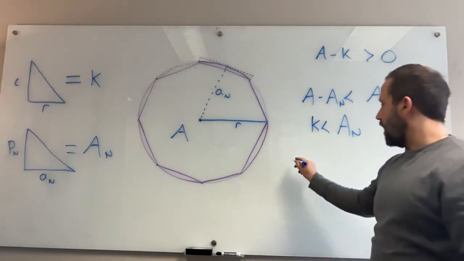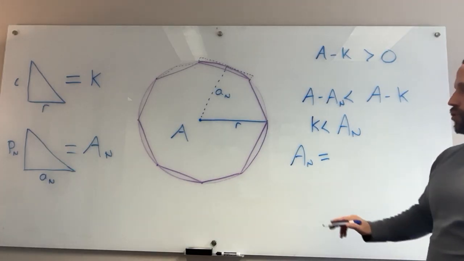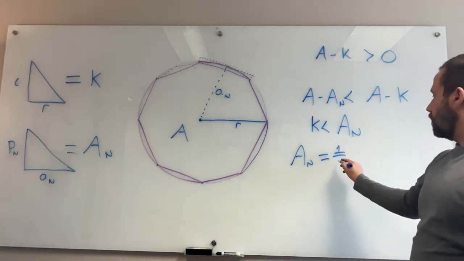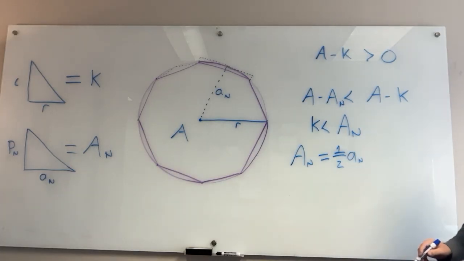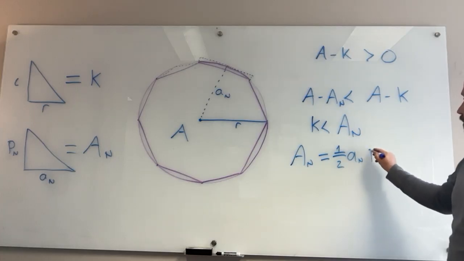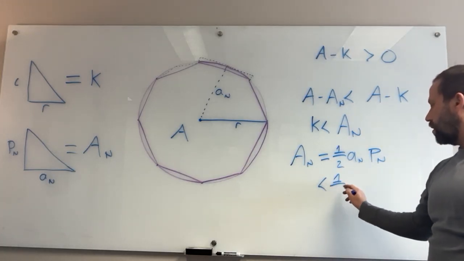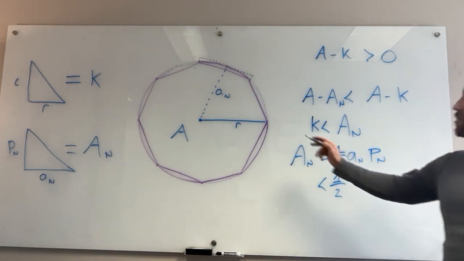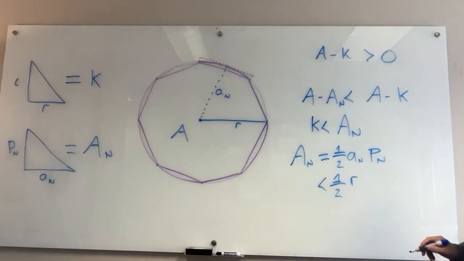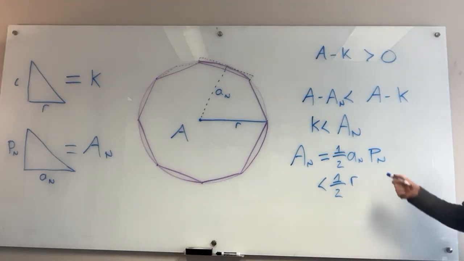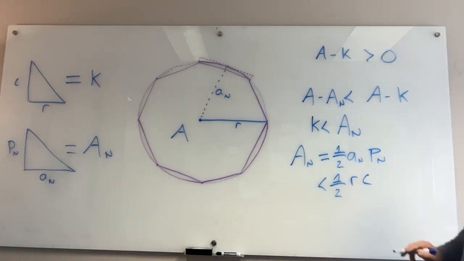Now on the other hand, A_n is equal to 1/2 times the apothem for the nth polygon times its perimeter. Now, the apothem is strictly less than the radius, and P_n is strictly less, as we already talked about, than the circumference of the circle.